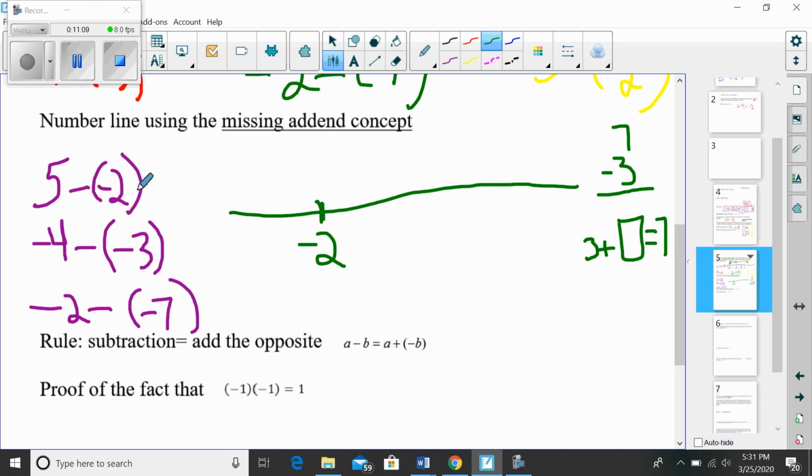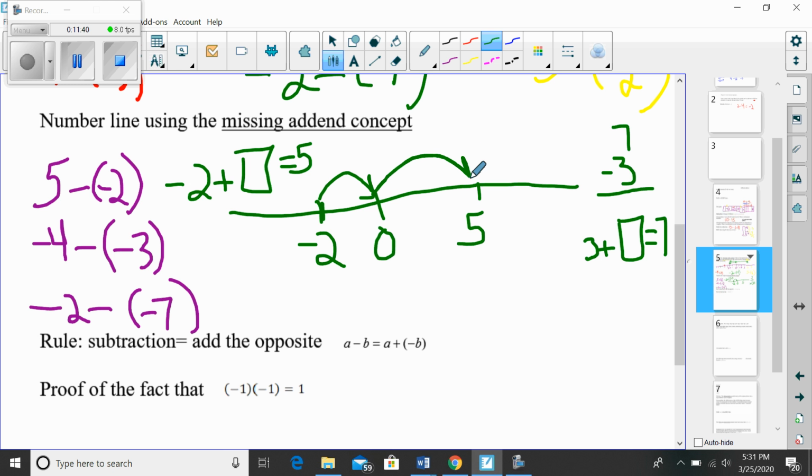I start with the subtrahend, the second number, and ask, what do I add to -2 to get up to 5? With the open number line, I just get to add whatever I want. So I'm going to add a 0, and then I have to get up to 5. I move 2 units here, and then I move 5 units here.